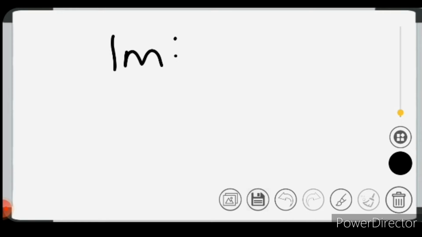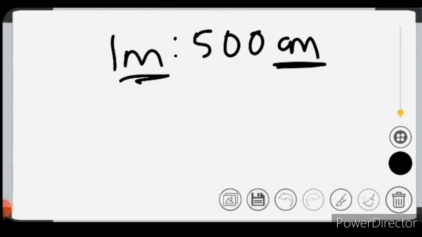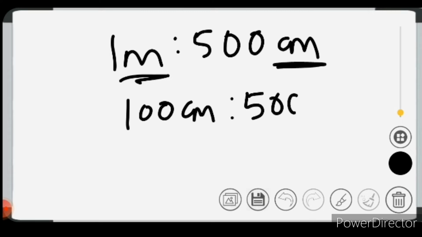1 meter, 500 centimeter. So how are we going to simplify it? First of all, you have to check whether they have the same unit. No, it is not. This is meter, this is centimeter. Which is the bigger unit? Meter is the bigger unit. So I will convert that into the smaller unit. So when I convert it, 1 meter will become 100 centimeter, and this is 500 centimeter, students.